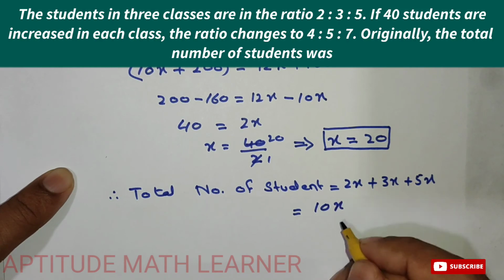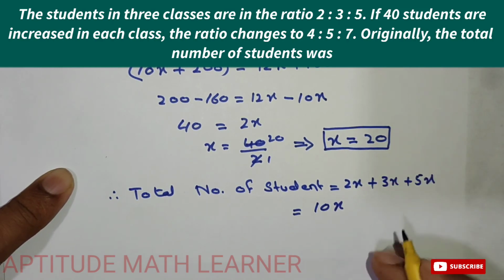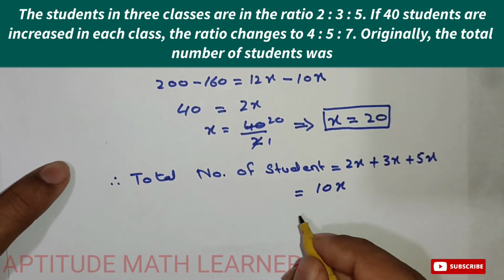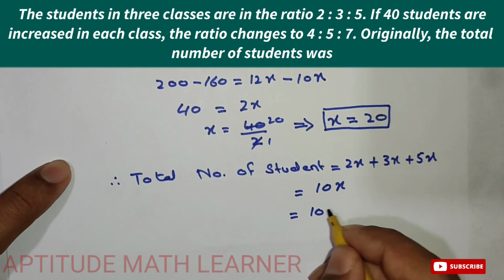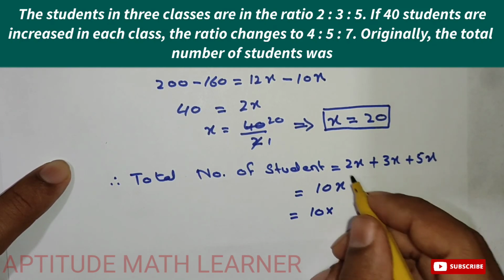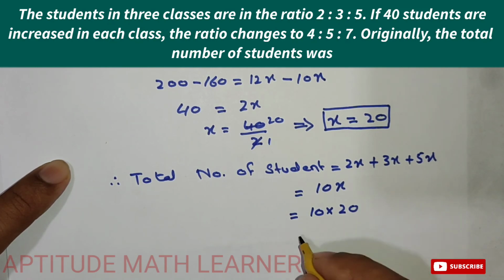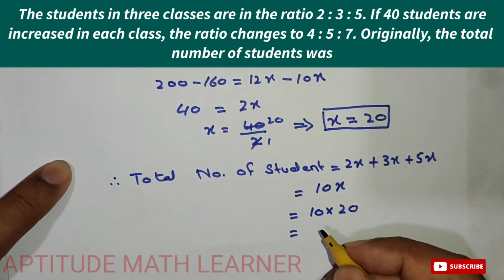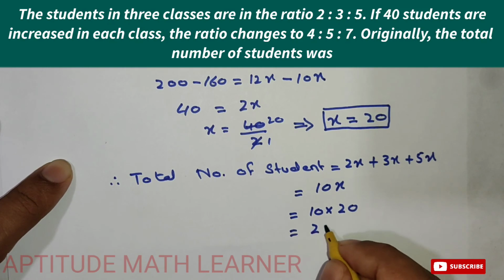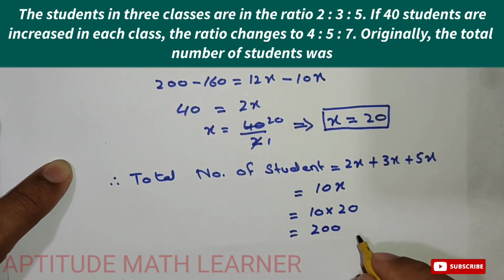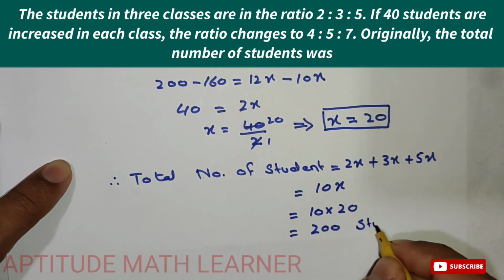Now we have the value of x, that is 20. So the total is 10 multiplied by 20, and here we get the total strength, that is 200 students.